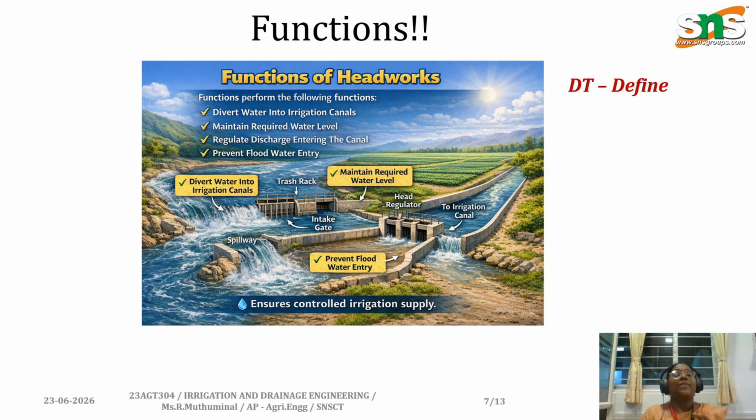As I have shown here, the main functions are diverting the water into the irrigation canal, maintaining required water level, regulating the discharge entering the canal, and also preventing the flood water entry. Now let us discuss another important function of headworks, that is flood control. During heavy rainfall, rivers carry an enormous amount of water. So properly designed headworks help us to manage these variations and protect irrigation structures from damage.